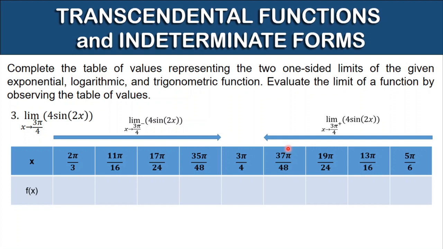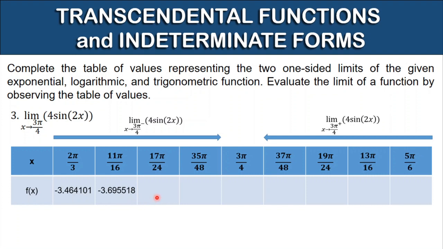Now, let's obtain the values of our function by substituting the values of our x. But before that, make sure that your calculator is in radian mode before you plug in the values of x. For 2 pi over 3, the value of our function is this, negative 3.464101. If x is 11 pi over 16, here's the value.